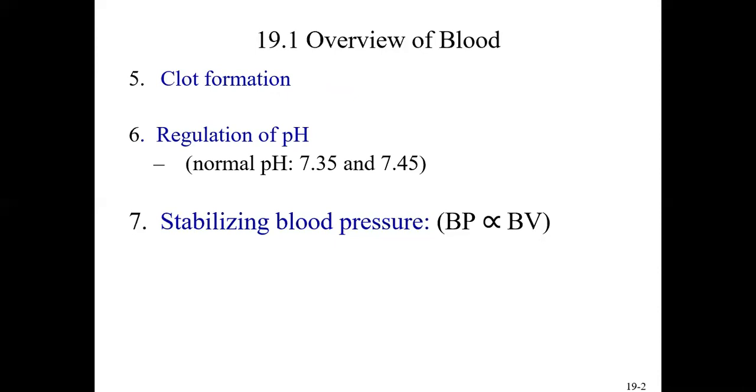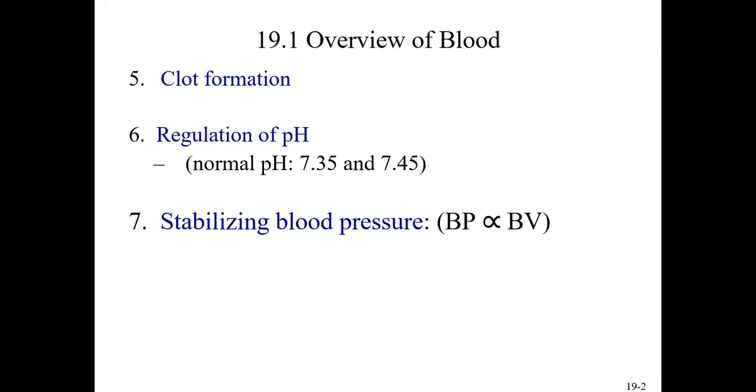Number 6, regulation of body fluid pH, or blood pH in this case. That's very critical. If you're not familiar with pH, we'll talk a little bit about that in some of the chapters that we cover. Here you see pH of the body fluids, or the blood in this case, should be between 7.35 and 7.45. You probably covered a little bit about pH back in chapter 2.